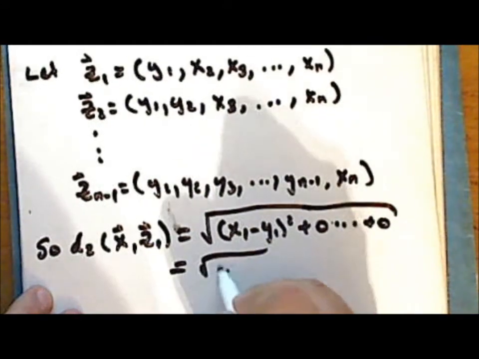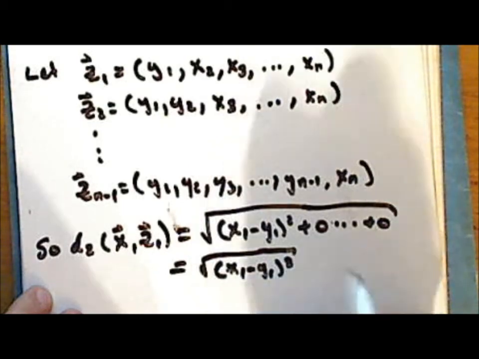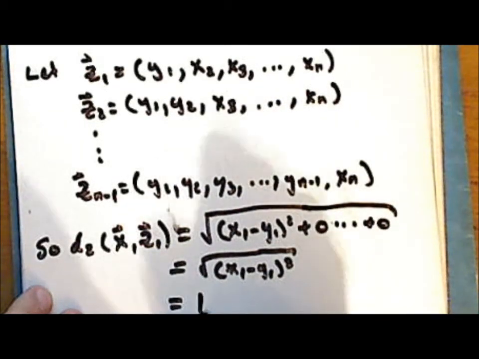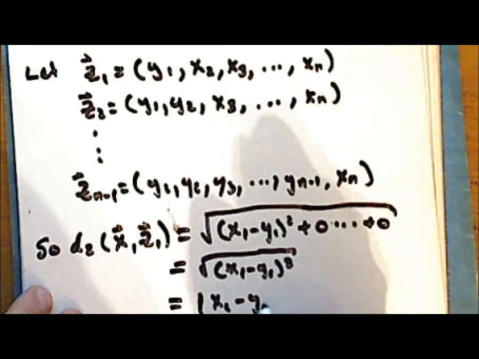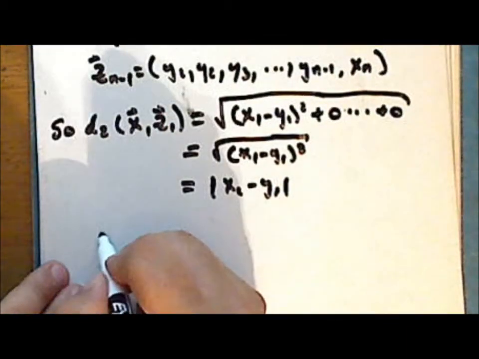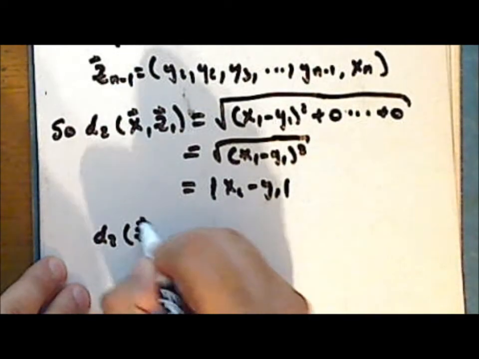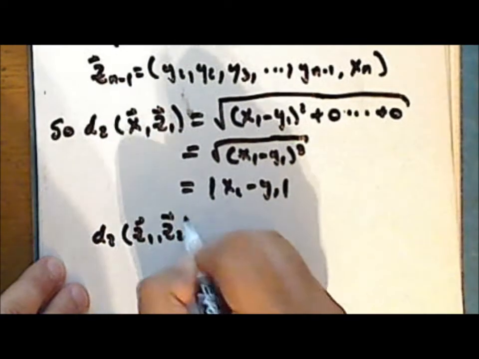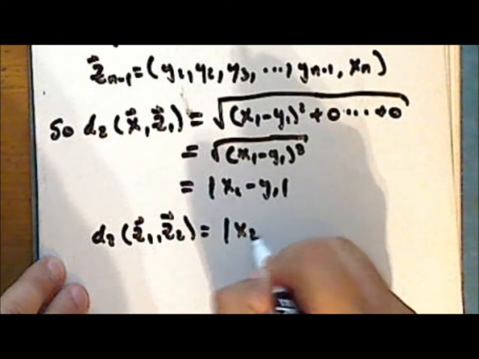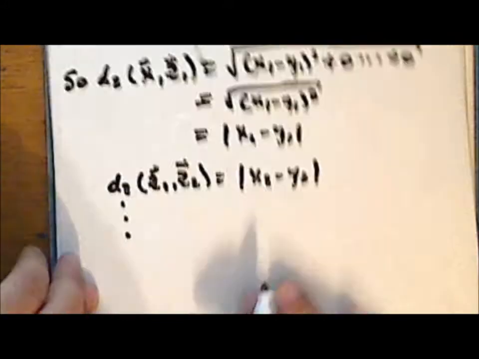That is the square root of the square of the difference between x sub 1 and y sub 1, that is the absolute value of x sub 1 minus y sub 1. And so d sub 2 from z sub 1 to z sub 2 is the absolute value of x sub 2 minus y sub 2, and so on.